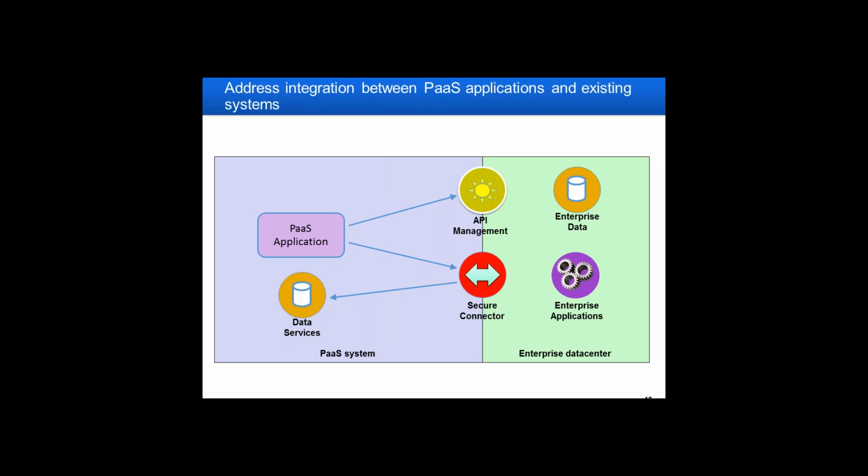But the idea here is that it is commonly the case that enterprise data stores and enterprise systems can't cope with the transaction rates and don't have the data in an appropriate form for the PaaS applications to use. So it's often commonly the case that the PaaS system uses, say, a NoSQL database with JSON data or a graph database, whatever's most convenient, and the data has to be transformed into that environment from the enterprise data center. And the secure connector can be a way of assisting getting that transformation done.